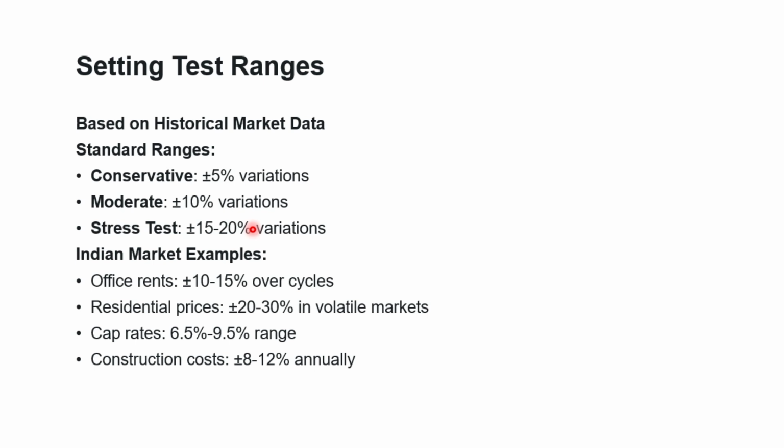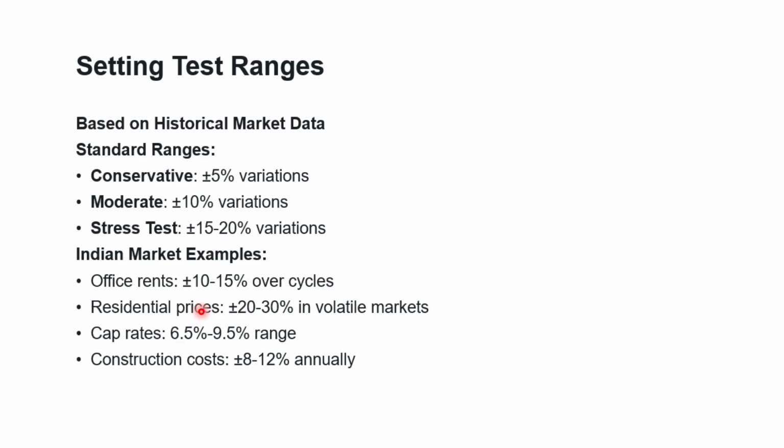Then let's look at Indian market examples. Office rent can swing plus or minus 10 to 15% over a market cycle. The best example would be the IT sector's volatility over the past decade. Then residential prices show plus or minus 20 to 30% volatility, like volatile markets such as Mumbai and Bangalore.